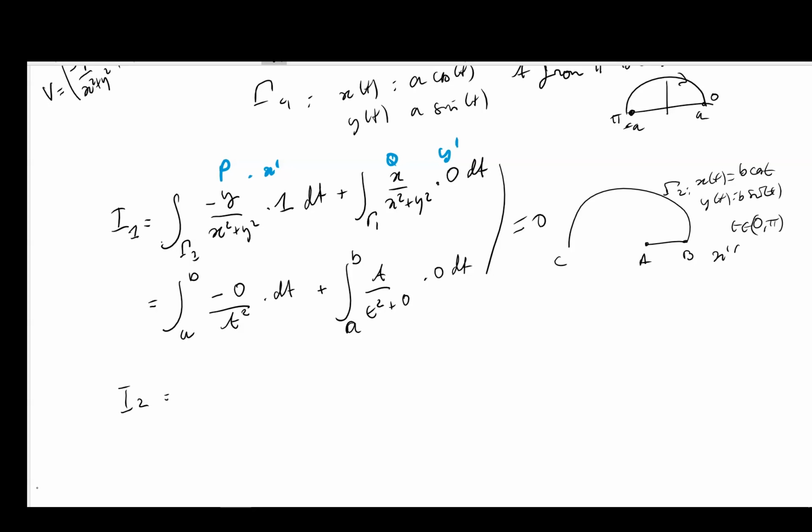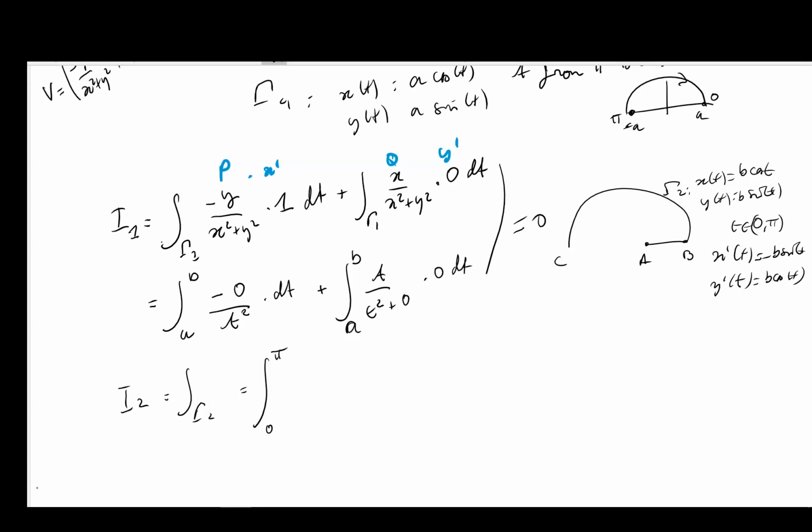We will need x prime of t, which is minus b sine of t, and y prime of t, which is b cosine of t. So I2, the integral on gamma 2, is the integral where t goes from 0 to pi.